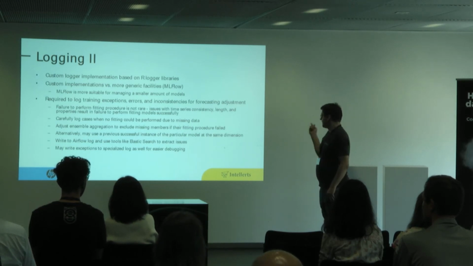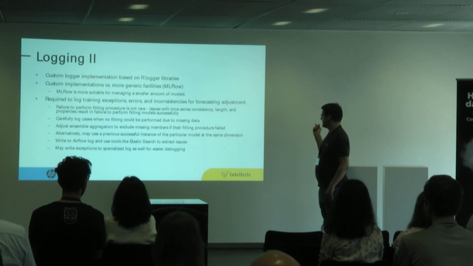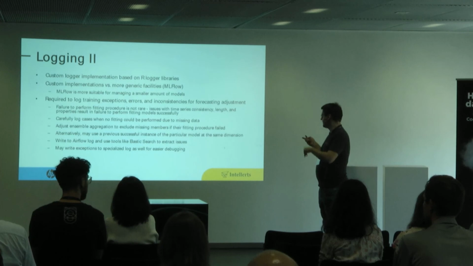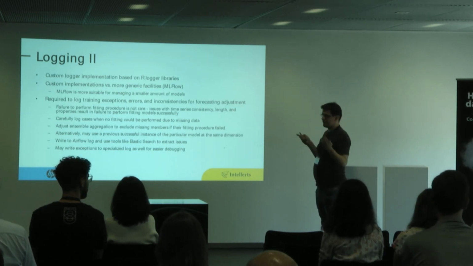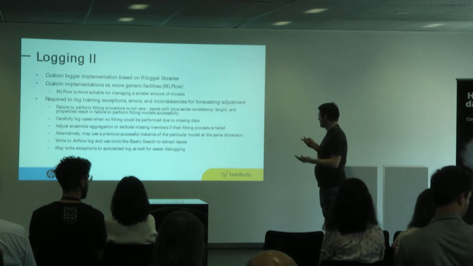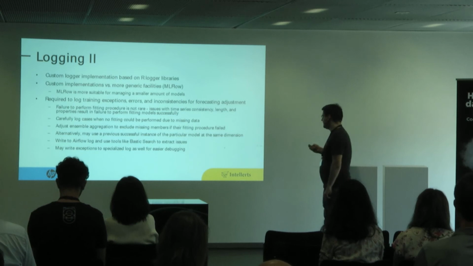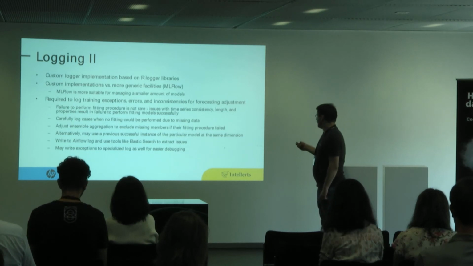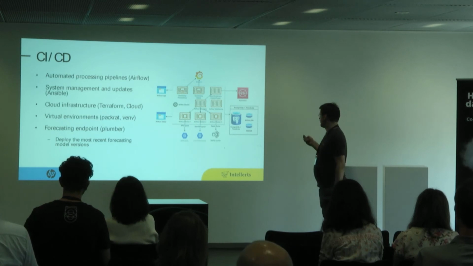So again, careful logging is needed when fitting could not be performed due to missing data, and ensemble aggregation adjustment when, for example, some model fails to perform fitting. There are alternatives which are considered later, but could be used later.